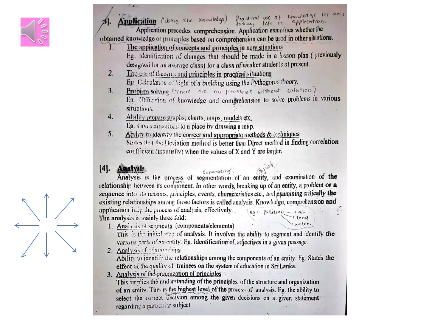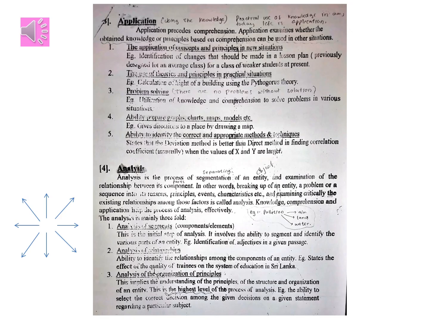You separate it into different parts and examine the relationship between its components. Then you find the relationship between the segments. In other words, breaking up of an entity, a problem or a sequence into its reasons, principles, events, characteristics, etc., and examining critically the existing relationships among the factors is called analysis.